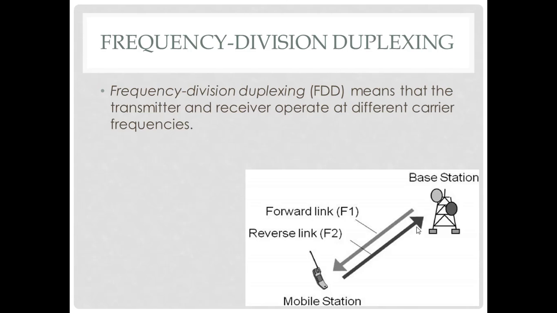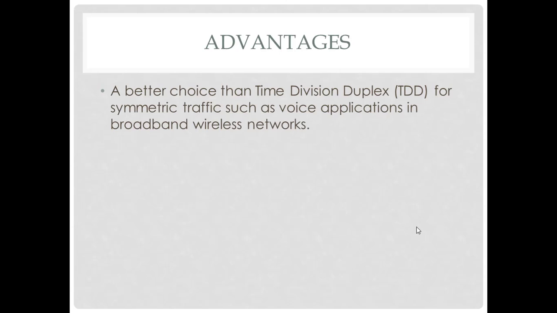The main advantage compared to time division duplexing is that for symmetric traffic, such as voice applications in broadband wireless networks, it is better to use frequency division duplexing.